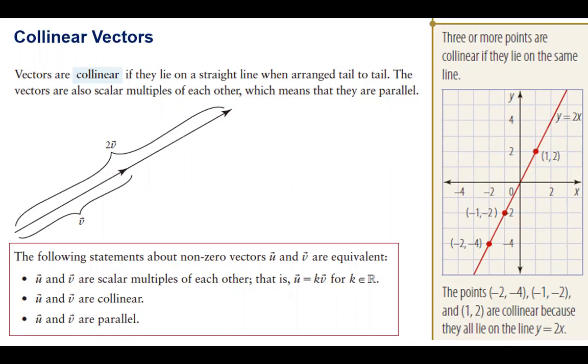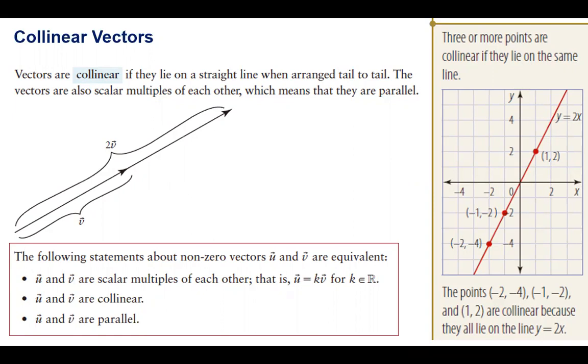Second, vector u and vector v are collinear. Third, vector u and vector v are parallel. So these three statements about non-zero vectors u and v are equivalent, which means the same thing, right? Any questions?